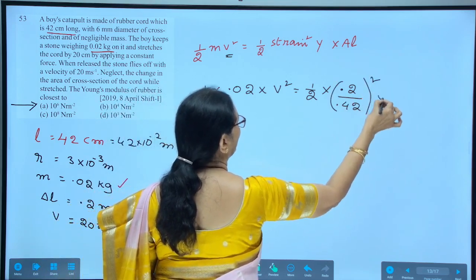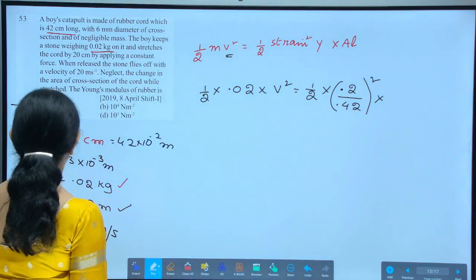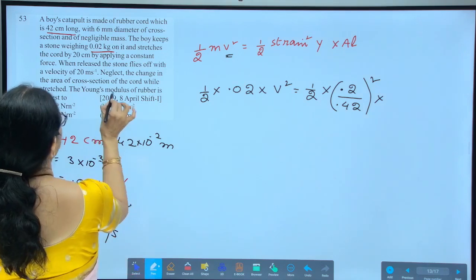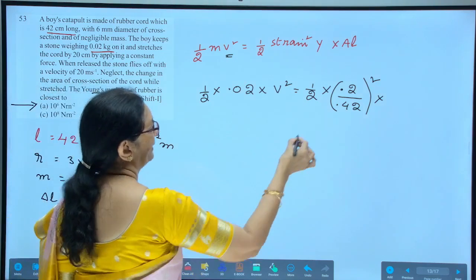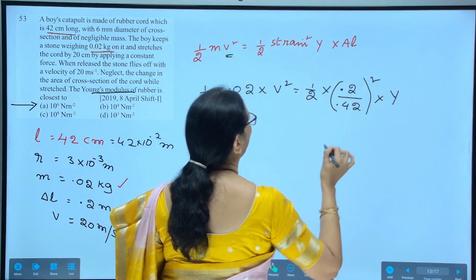The Young's modulus you need to find out.